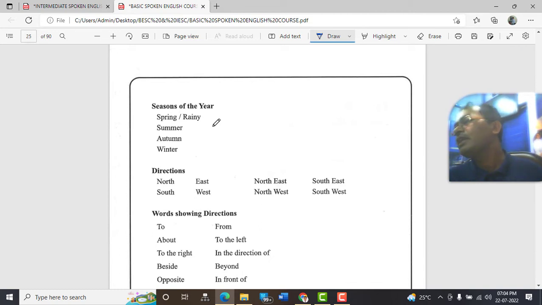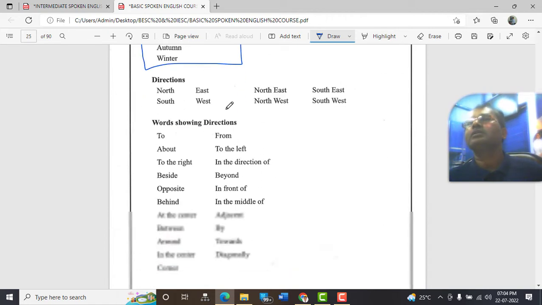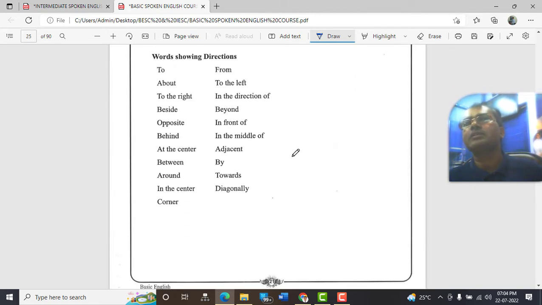We have summer, rainy, spring. Summer, winter, rainy, spring. We have only 4 seasons. So depending on the place where we are, you should understand what are all the seasons available there. I will also check if there are any changes in our seasons.